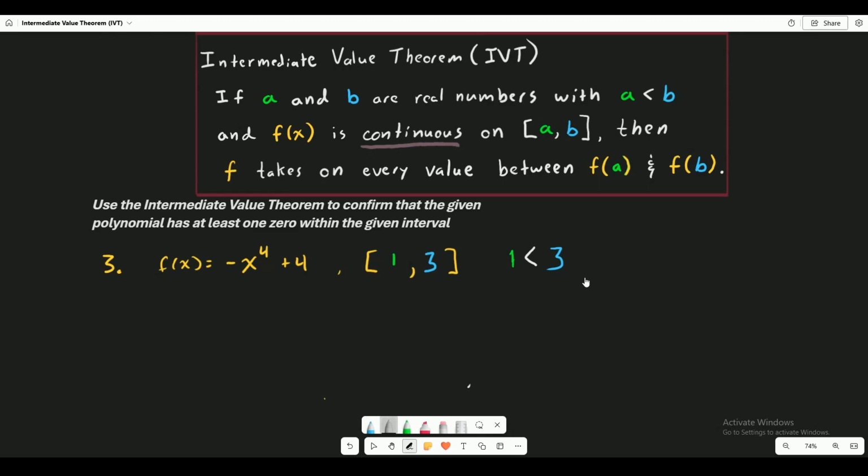Now, is f of x continuous? The answer is yes. All right, so let me write it in white. f of x is a polynomial and therefore continuous.